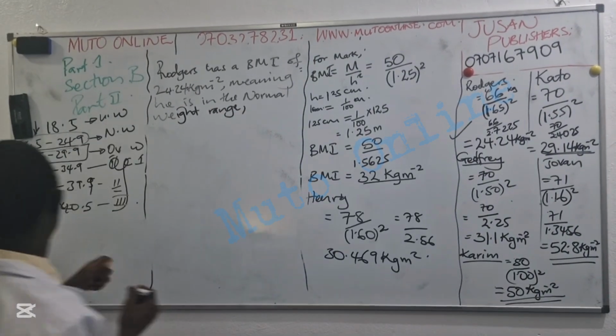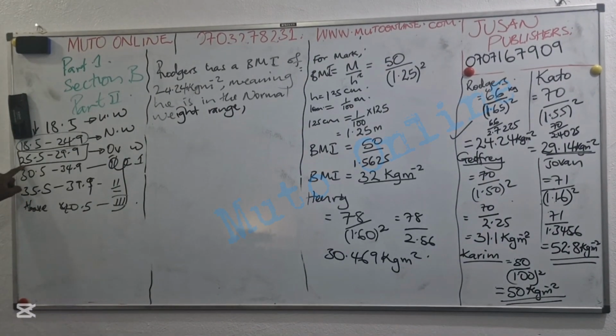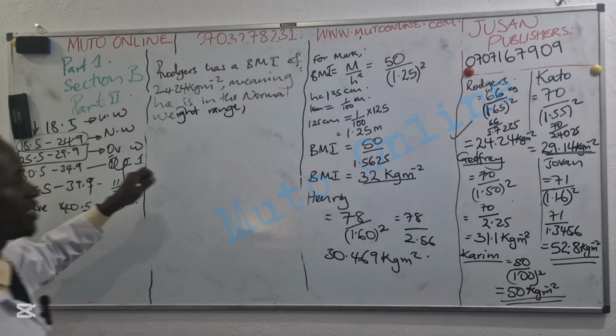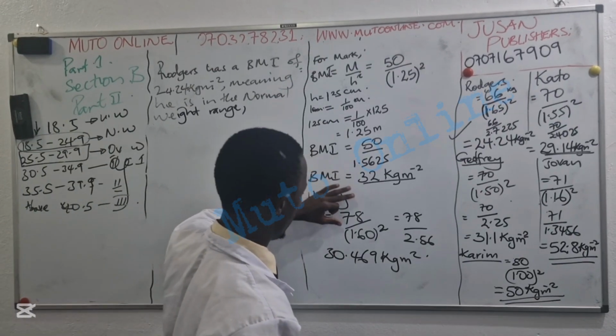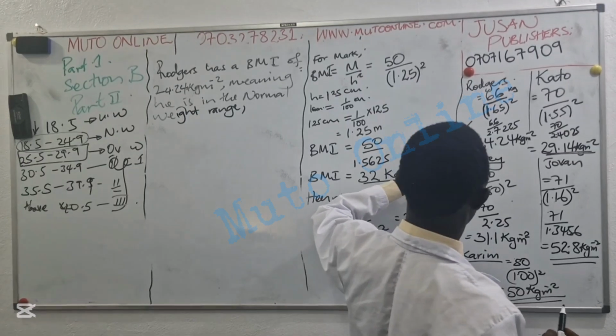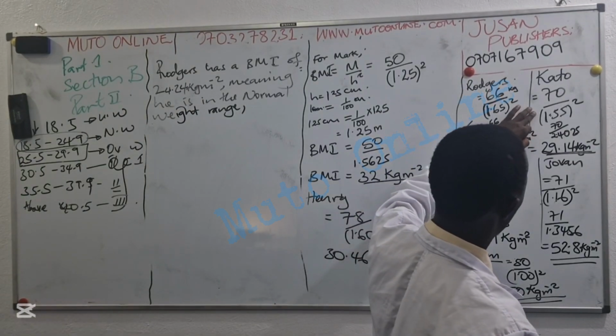Let's look for those who fall between 25 to 29.9. We only have Kato.